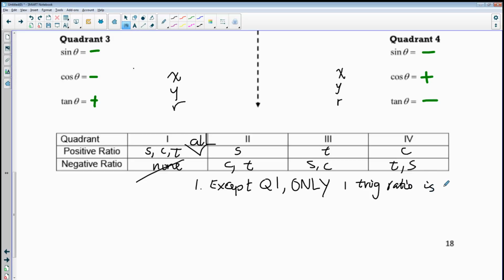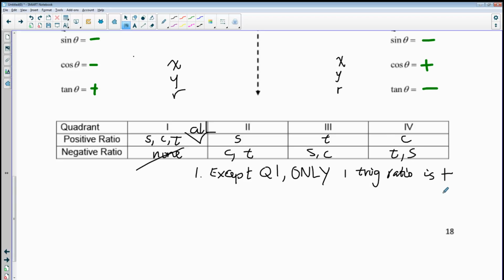So I might trick you. I tell you the sine of an angle is positive, cosine of an angle is positive, but tan is negative. That's impossible. They are all positive, or only one is positive. It's impossible to have only two positive. All positive, or one positive.